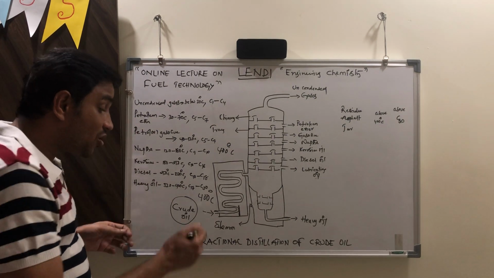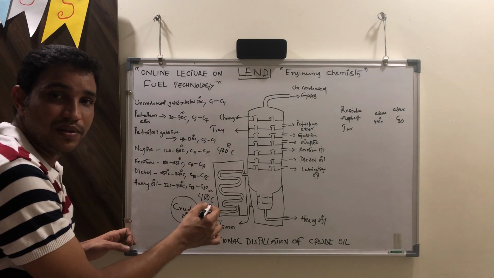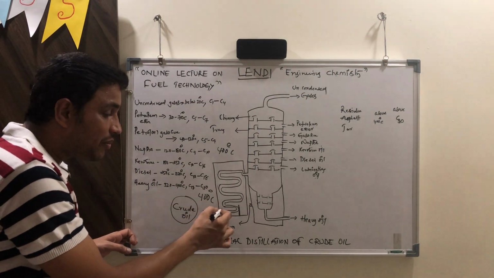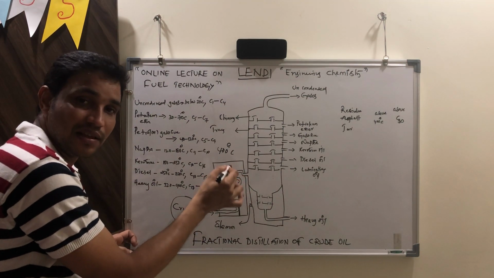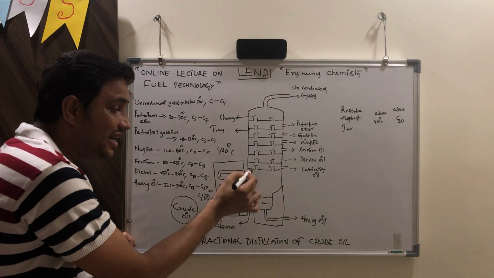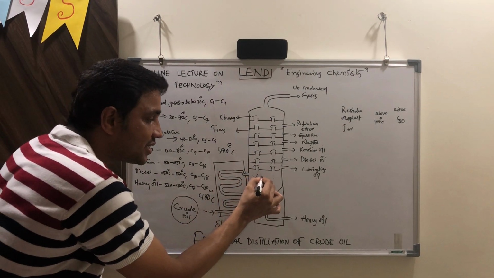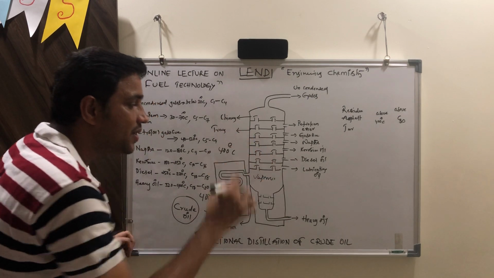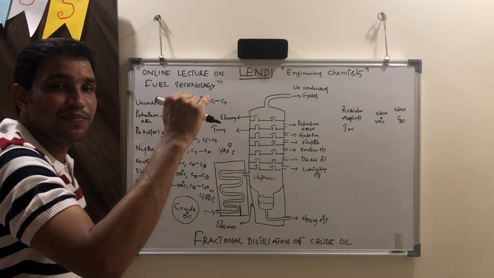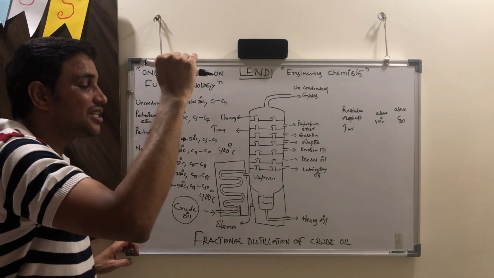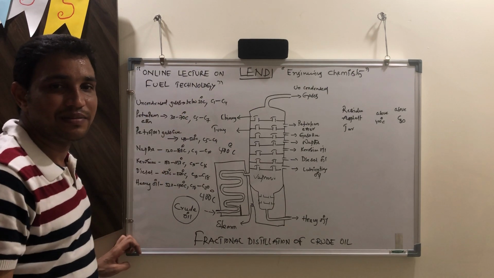Now, when the crude oil is subjected to 400 degrees Celsius temperature with the help of the heating coil, it becomes vapor. Now the hot vapors enter into the fractionation column. These are the crude oil vapors. They slowly move upward through the chimneys present at each tray.